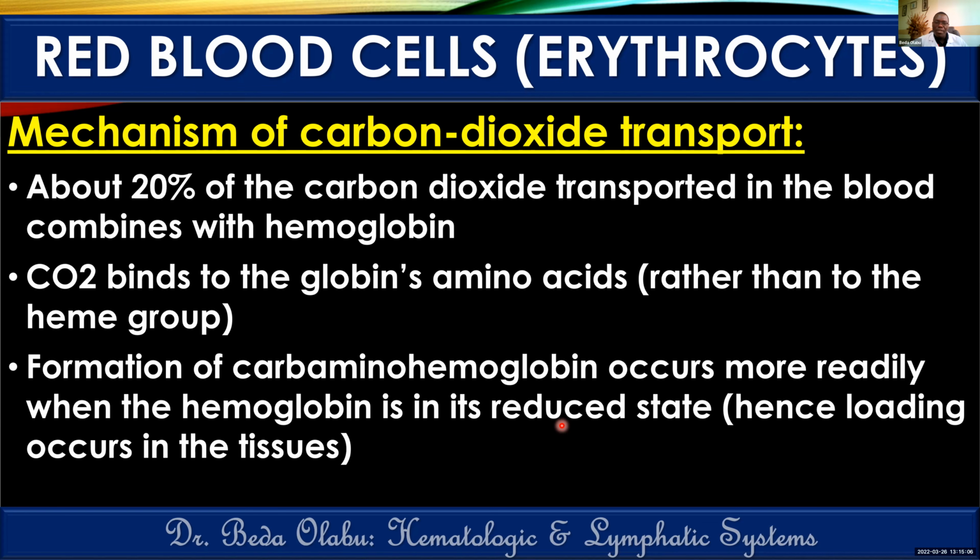And for that reason, the loading of carbon dioxide by blood will occur at the tissue site, because that is where hemoglobin has just lost oxygen. Then it binds with the readily available carbon dioxide in the tissues. That is why loading will occur in the tissues.